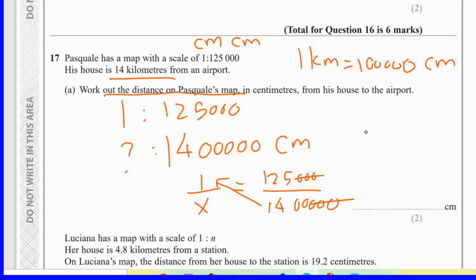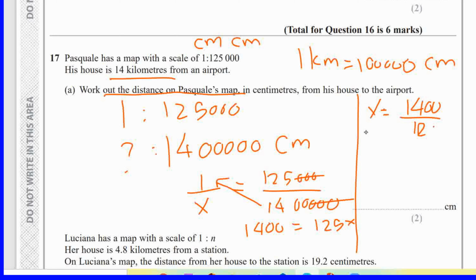This will be 1400 equals 125x. Now x will be 1400 divided by 125, so we will get 11.2, and if we count with calculator.